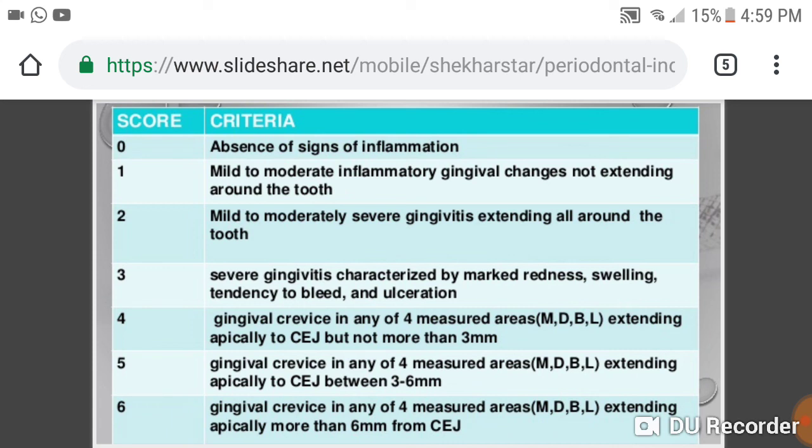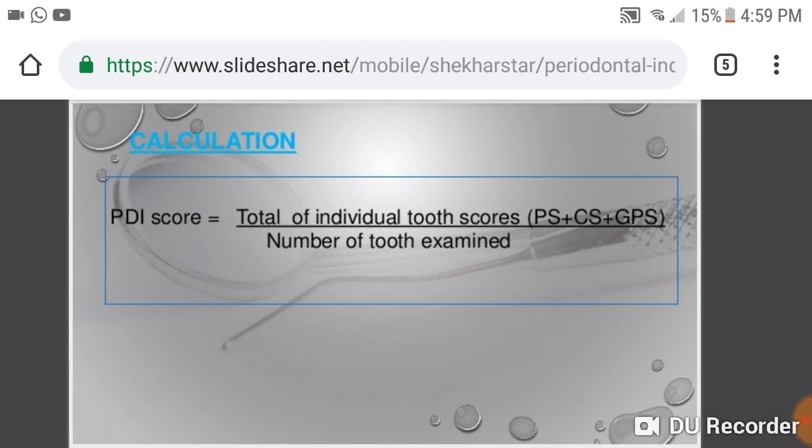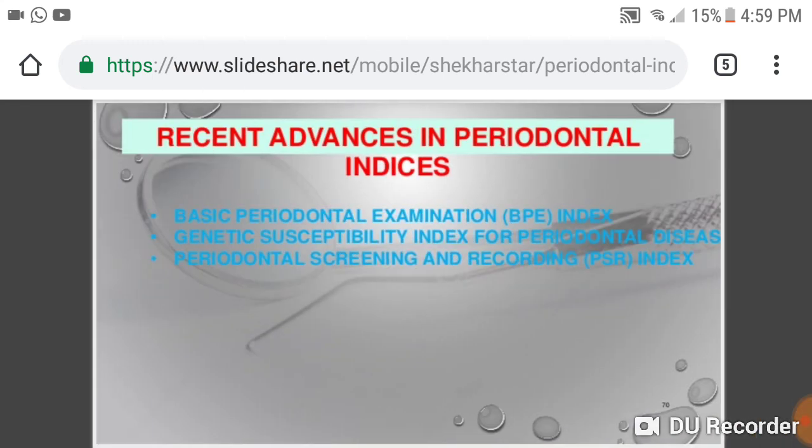Score 6, gingival crevice in any of the 4 measured areas, extending apically more than 6 mm from the CEJ. The calculation of PDI score is equal to total number of individual tooth scores divided by number of tooth examined.